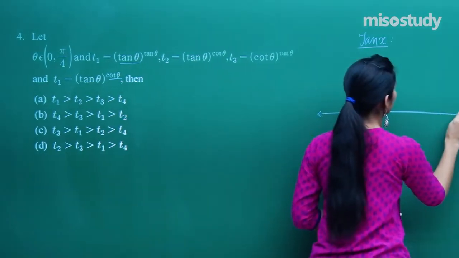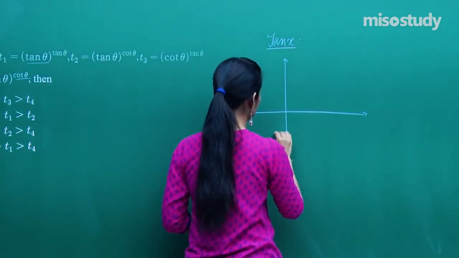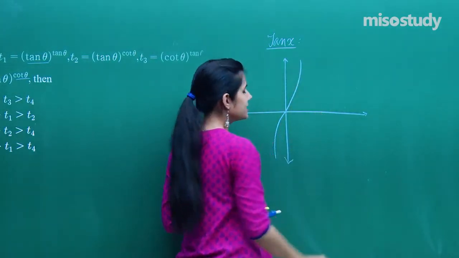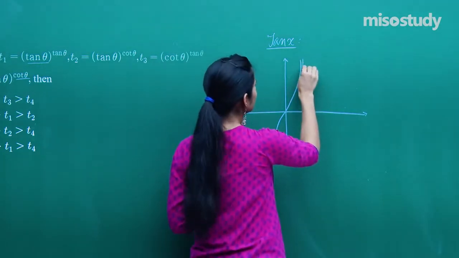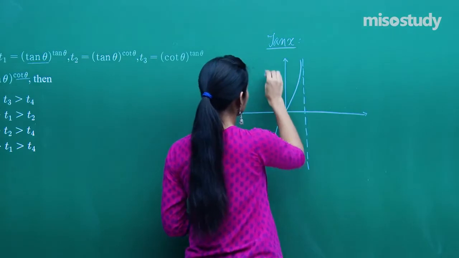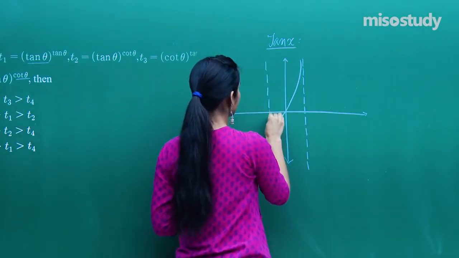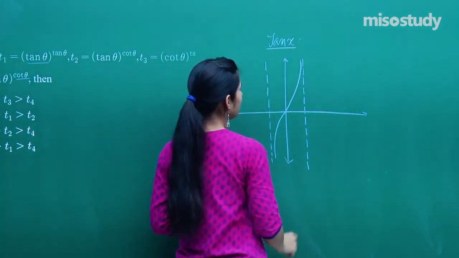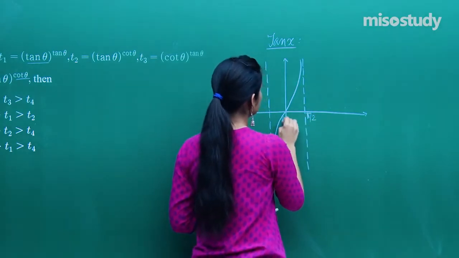well, this is how the graph of tan x goes if I am just talking in minus pi by 2 to pi by 2. Fine, this is pi by 2, this is 0.